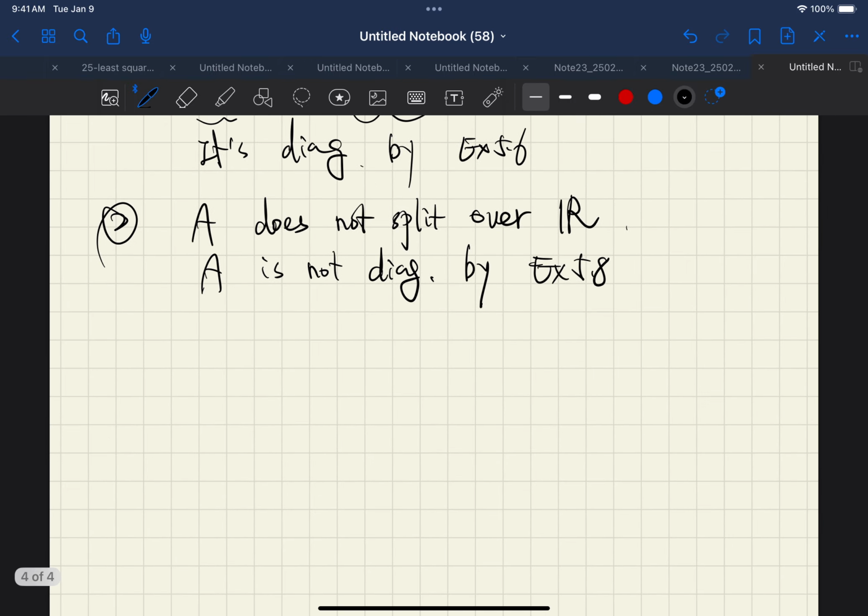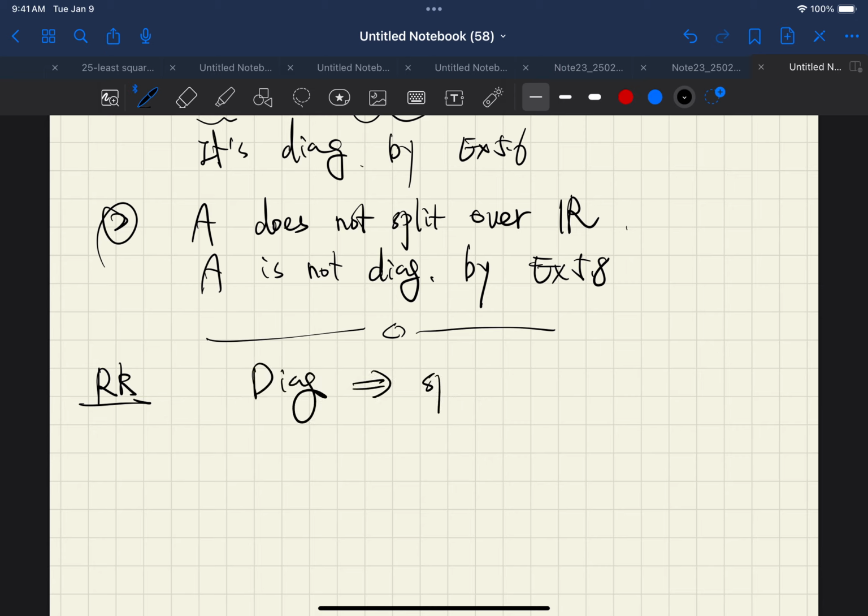Yes. So there are a couple of things we have to emphasize. To summarize, diagonalizable means its characteristic polynomial splits. On the other hand, not splitting means not diagonalizable, that's for sure.